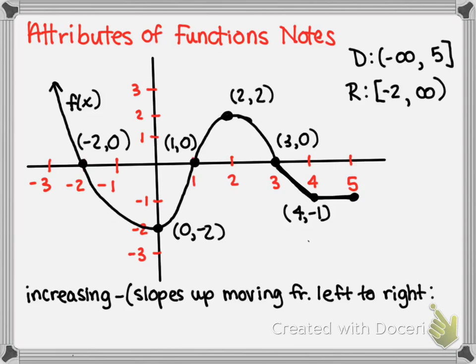Okay, and we'll write that interval down in a second, and then we're going to indicate where the graph is decreasing, and then obviously that would be where it slopes down, moving from left to right.